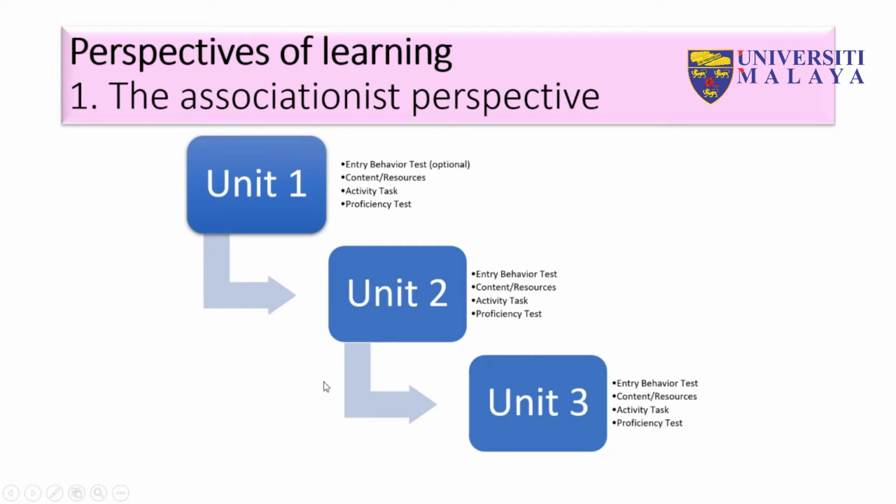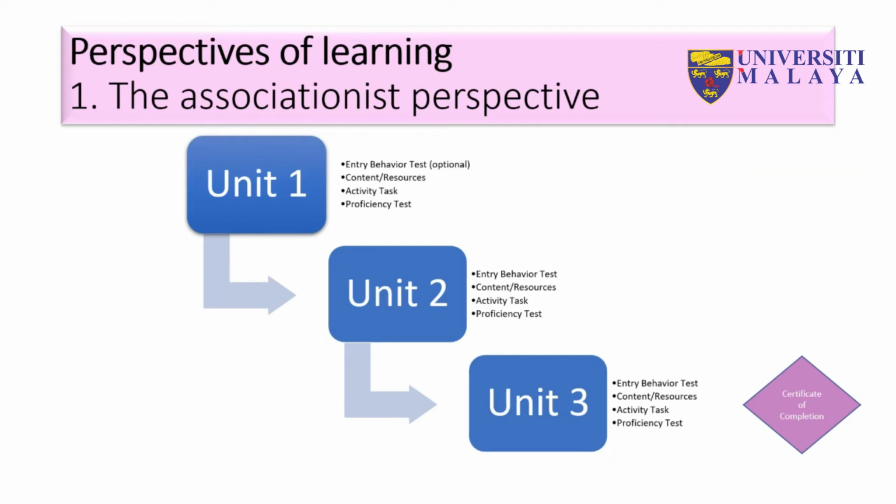So completion of all the units with test scores which are acceptable to you will ensure that, okay, we say you have passed it. This is the old model of instructional design for online learning, still applicable, still being done right now.